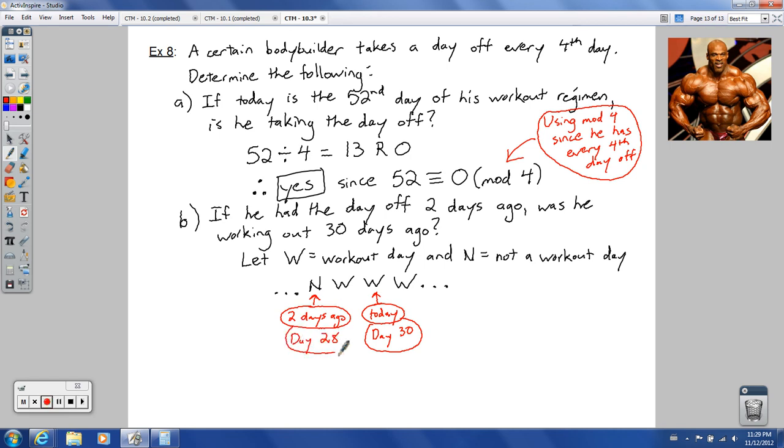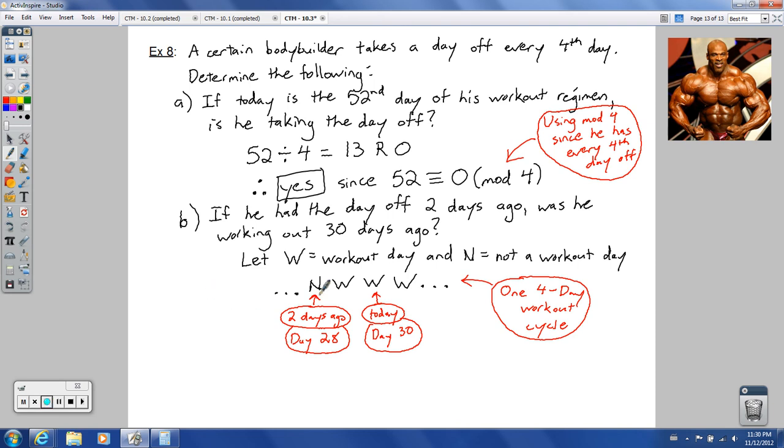So again, there's other ways to think this through. This is just the way I saw it first. So here you have 1 4-day workout cycle. And so we can think of it like this. We go back 4 days each time.